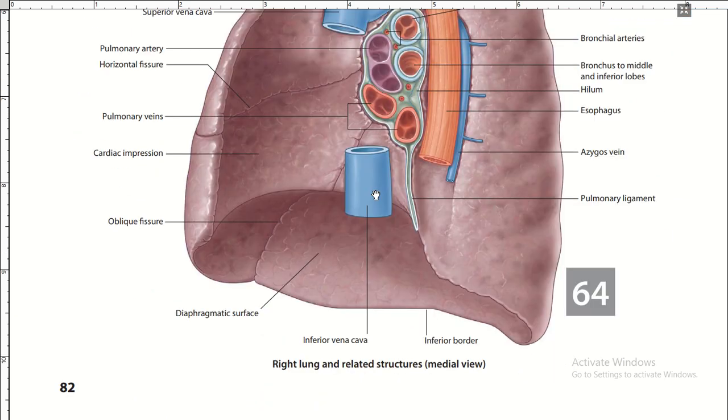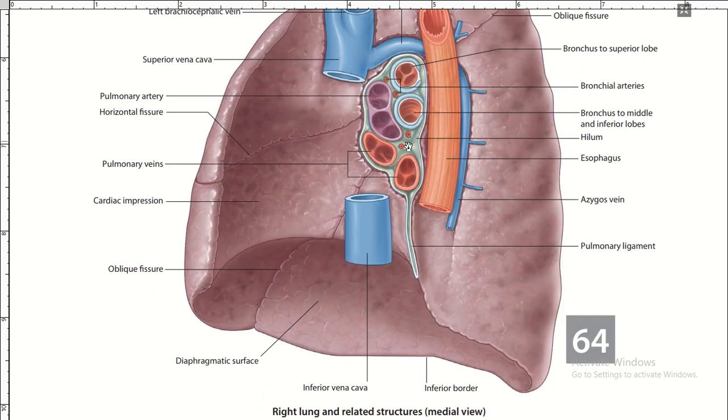Let's now go to the nervous supply. So at the hilar, you're also going to have your pulmonary plexus that will be coming from the vagus nerve and your sympathetic trunk. So remember, your vagus nerve always gives parasympathetic innervation. And parasympathetic innervation is responsible for three things in the lung. Take note, parasympathetic innervation coming from the vagus nerve.